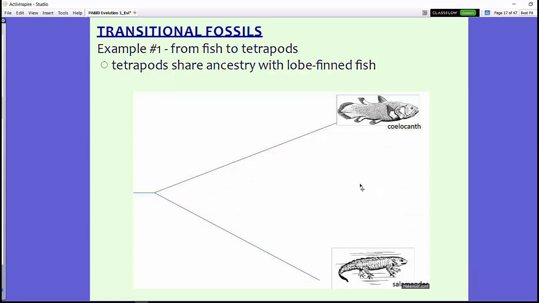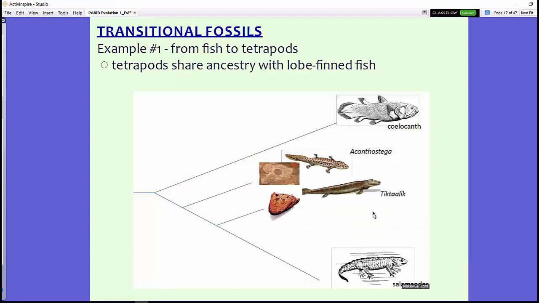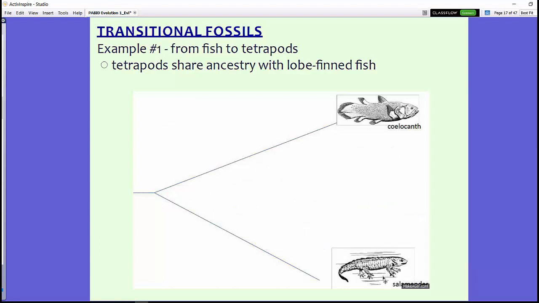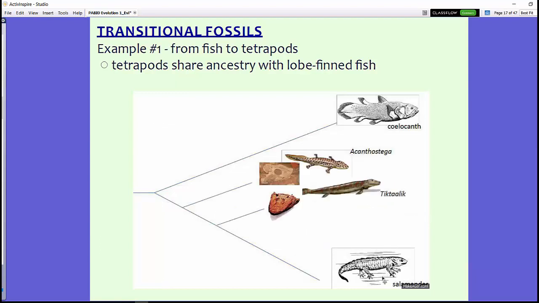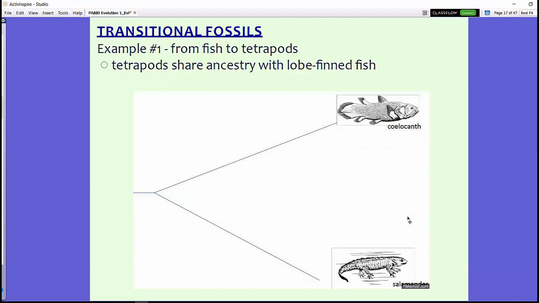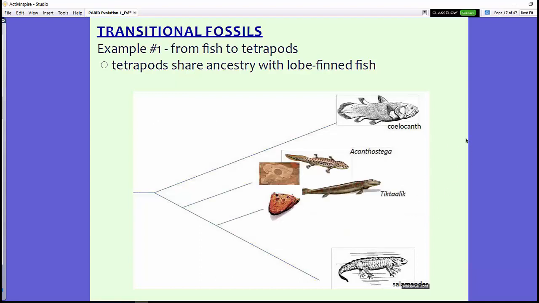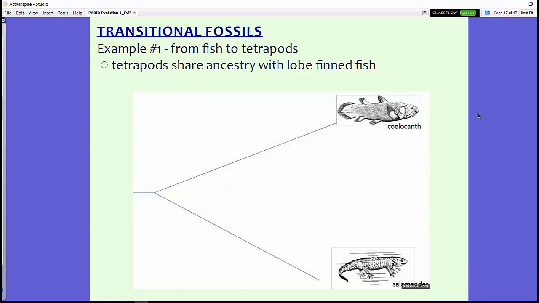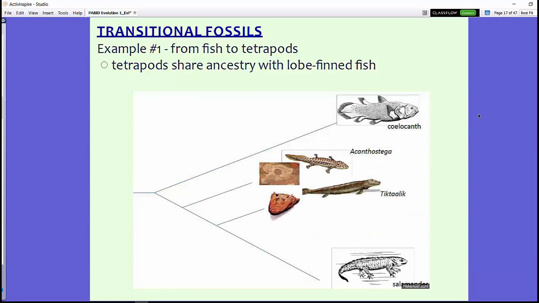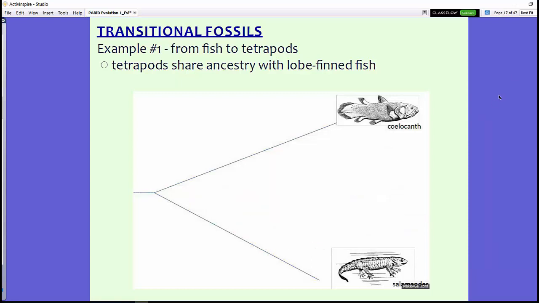And as we see here, we see several different types of transitional fossils along the way to what we see as a salamander today. So it started with a coelacanth, and now it's a salamander. This is one example of a transitional fossil that we see from fish to salamanders.